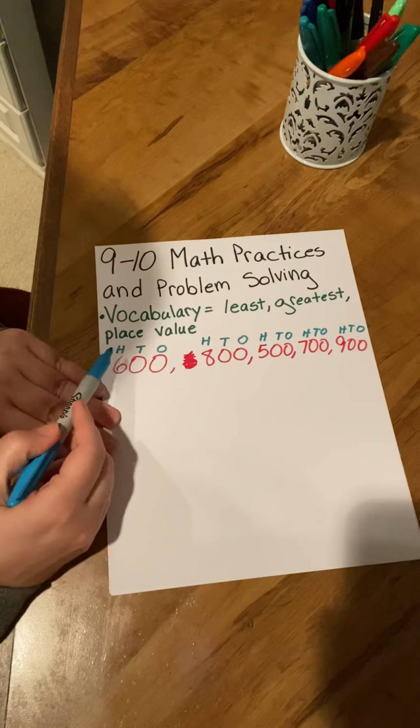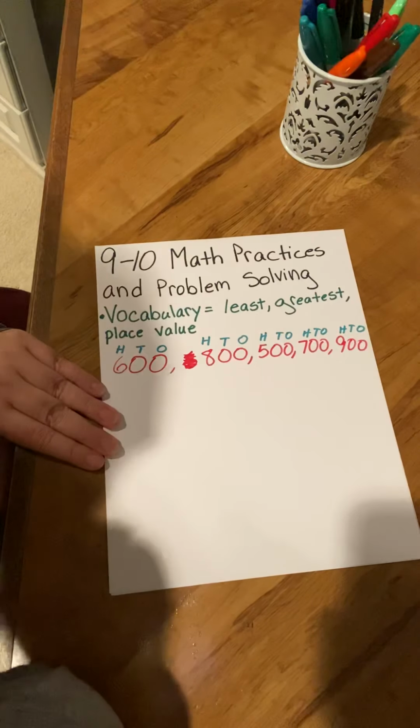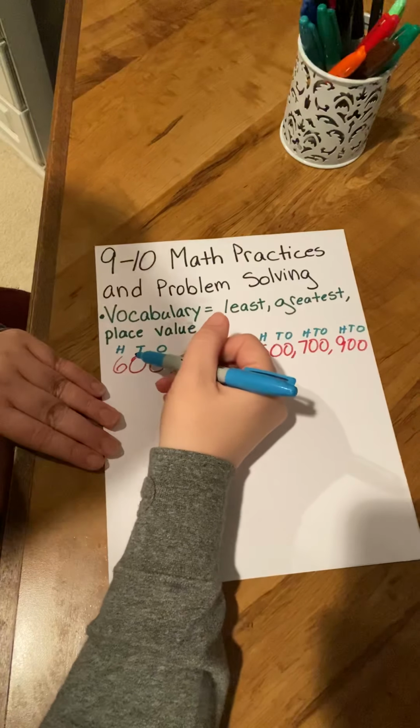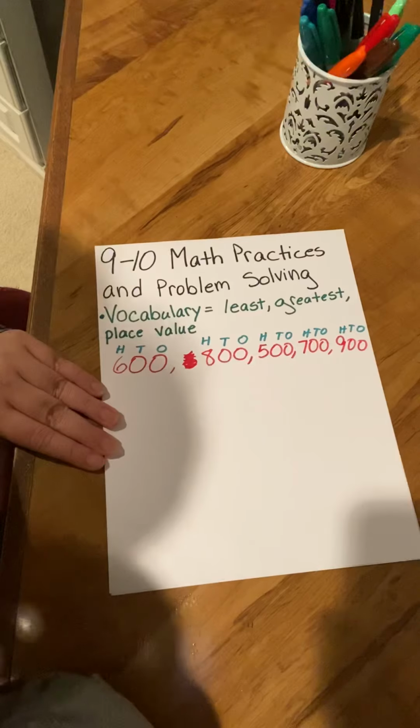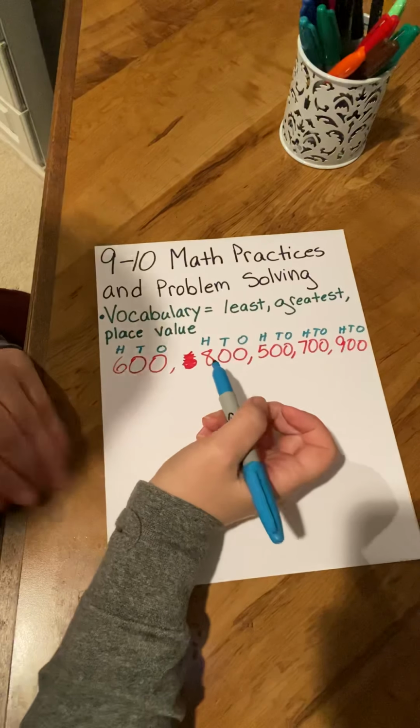Now, when I look at hundreds, tens, and ones, this place value, which is the greatest place value? Ones, tens, or hundreds? Hopefully you're thinking hundreds because hundreds is the greatest place value here. And that's what I'm going to start with.